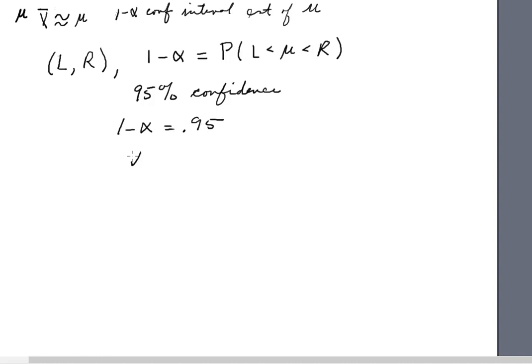By the by, of course, that means that alpha would be equal to 0.05, and if we cared, and of course it will turn out that we do, half of alpha, or alpha by 2, would be 0.025. Now we'll see why that's important in just a second. So coming back to what we're after here, a left-hand and a right-hand endpoint, so that the probability that mu is between those two is equal to 1 minus alpha.